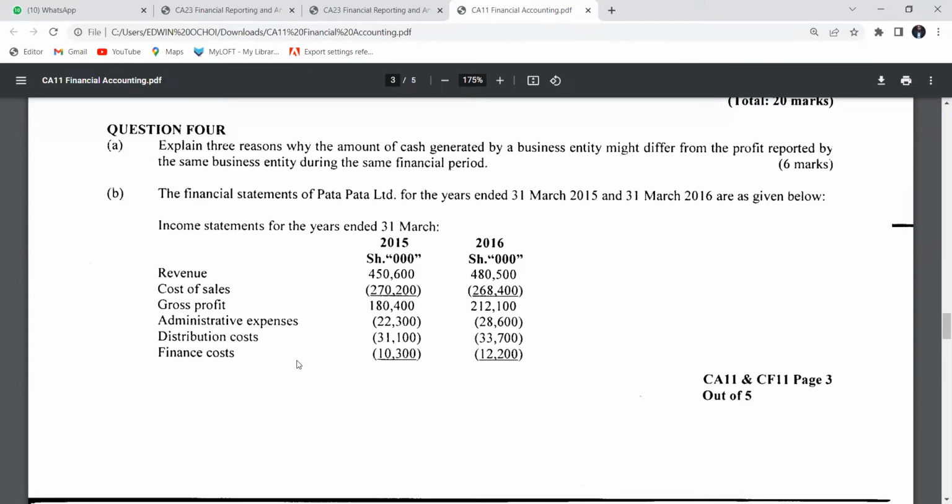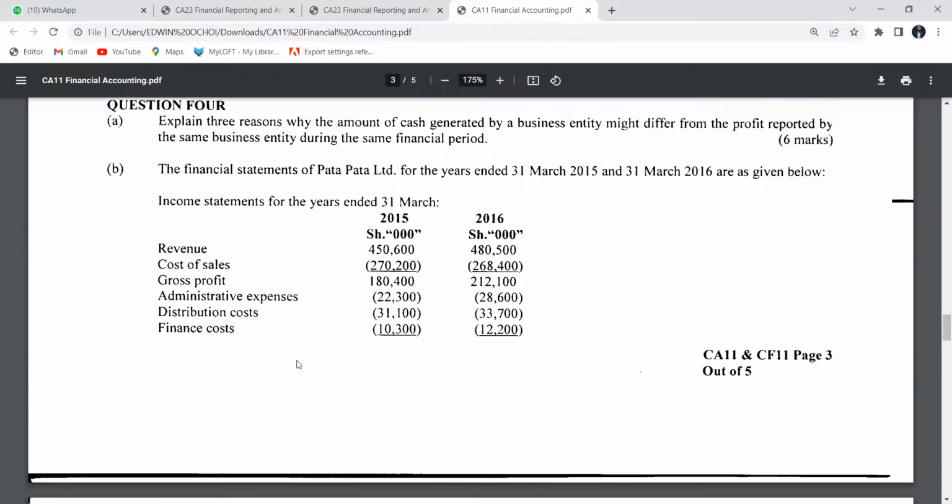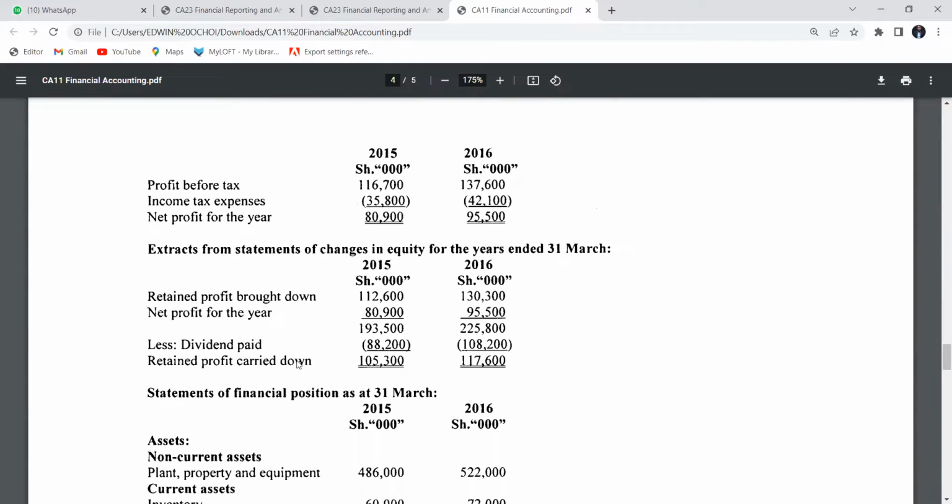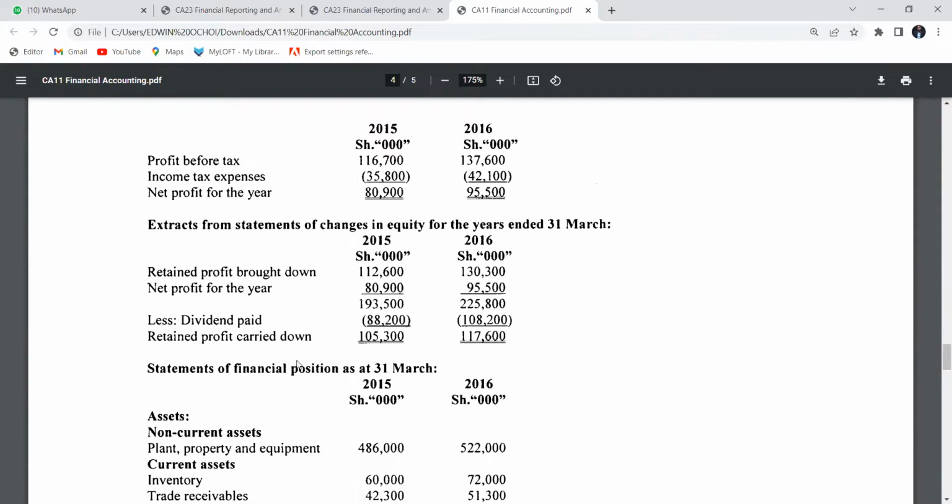So they are saying that the financial statements of Pata Limited for the year ended 31st March 2016 are given below. We have the income statement for the year ended 31st March 2015, 2016. Then we are provided with extracts from the statement of changes in equity for 31st March 2015, 2016.